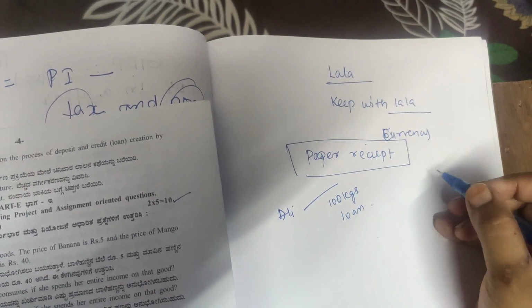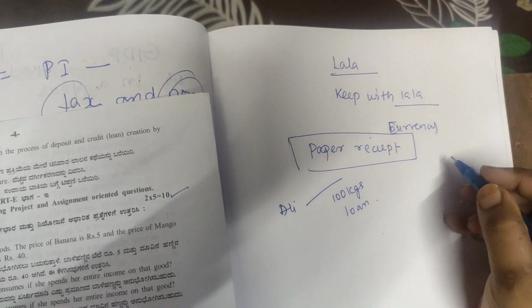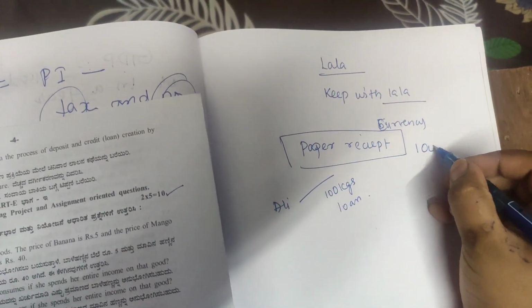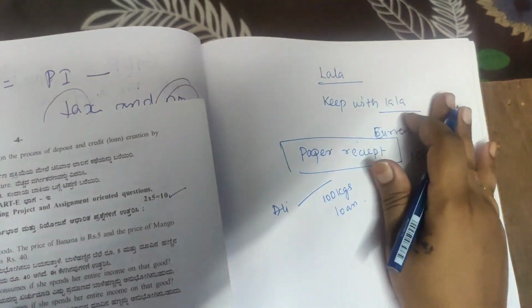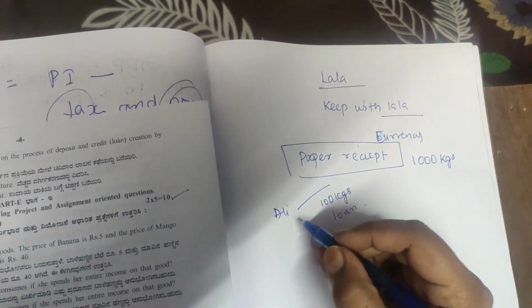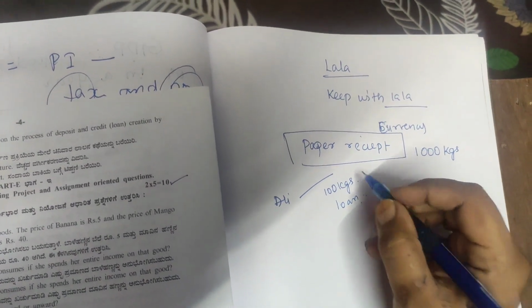For example, people have kept 1000 kgs of gold, all the people have come and submitted it to Lala. In this, Ali is coming and asking for 100 kg as a loan from Lala.